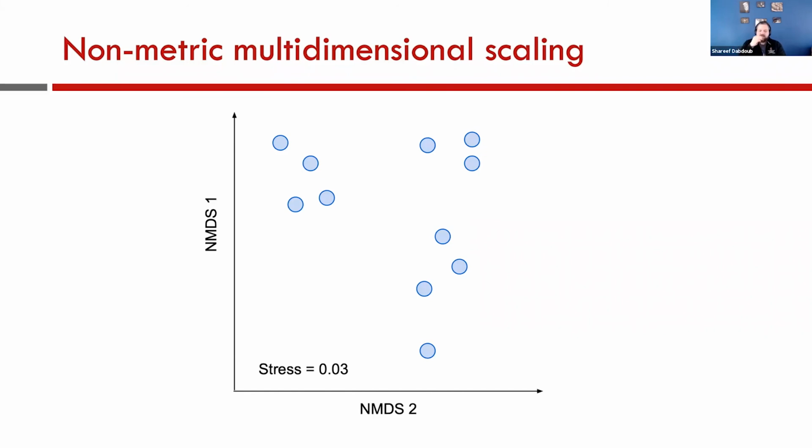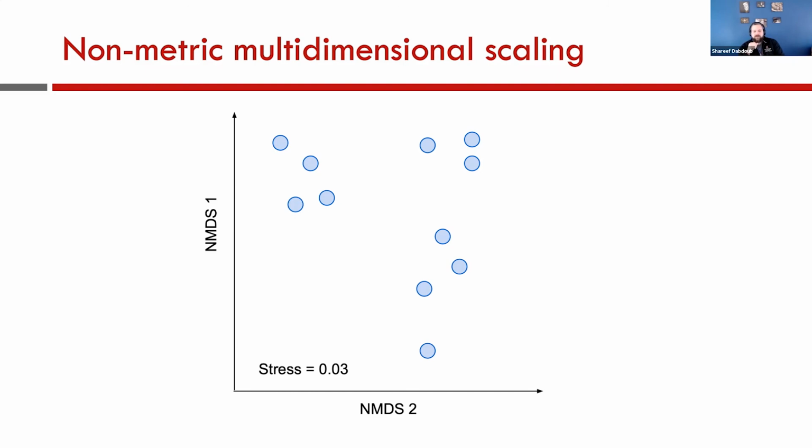So it's an iterative process that starts in the 100 dimensions and goes down to the 99th dimension and says, okay, how can I group these points so that the distances are as similar as possible to the previous dimension? And it does this iteratively as you go down.